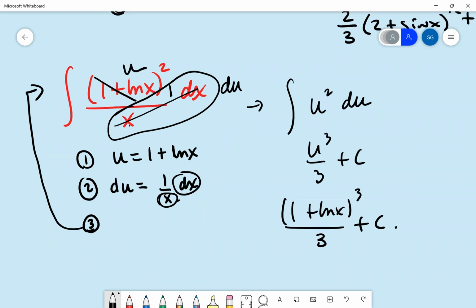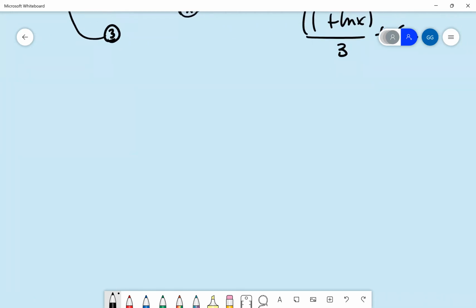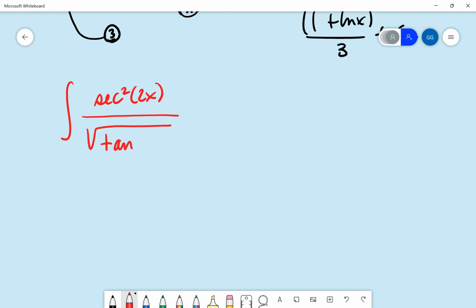All right, and just one more. The indefinite integral of, let's change that to our normal color here, red, so it stands out. The indefinite integral of, say, secant squared of 2x over the square root of tangent 2x dx.